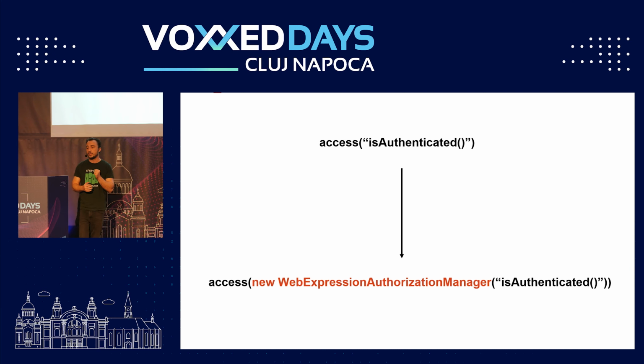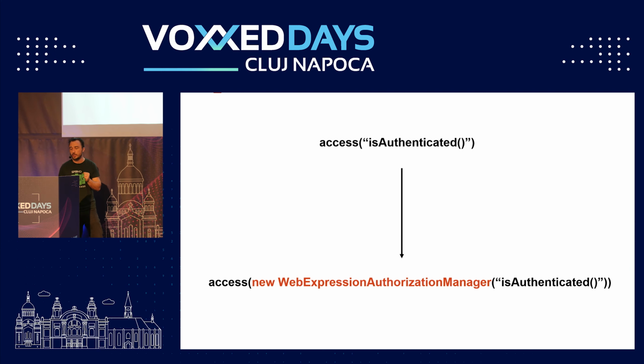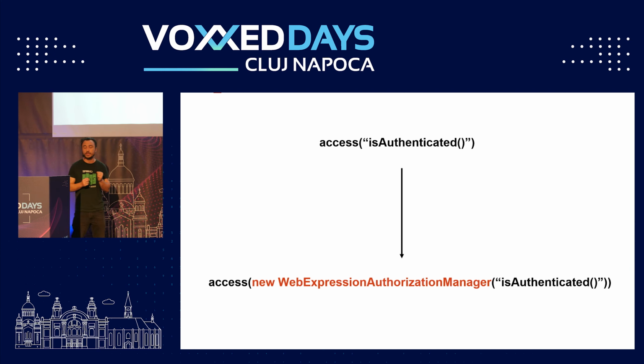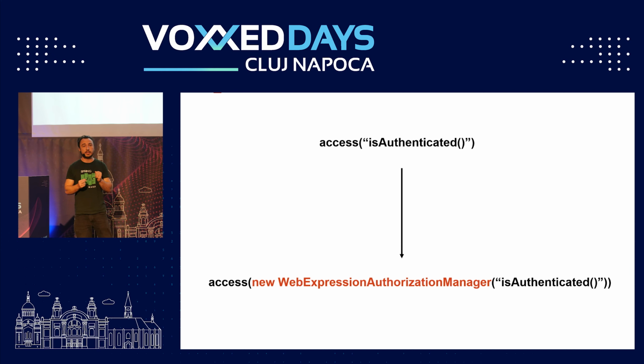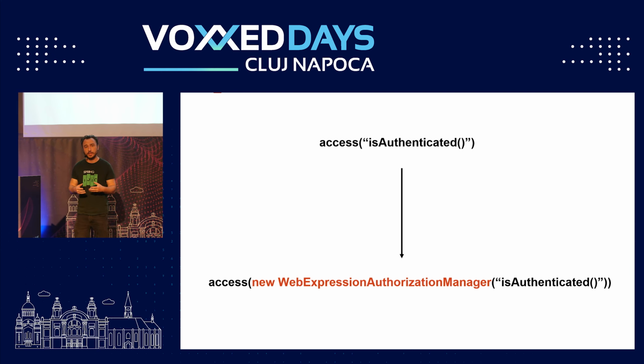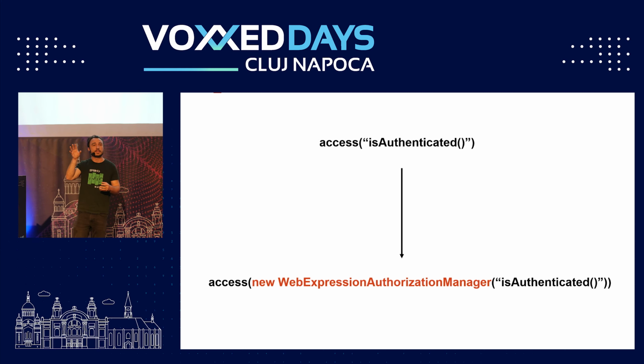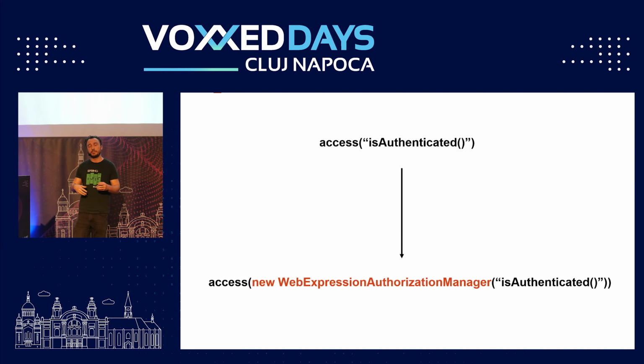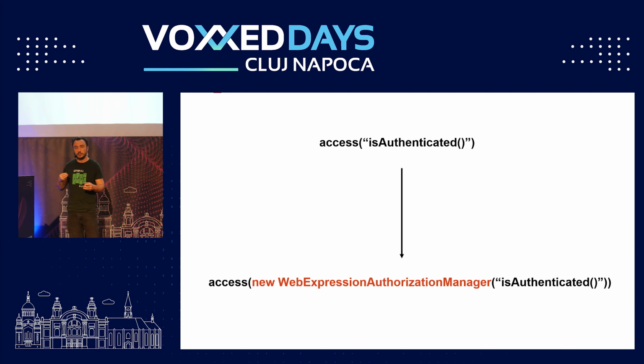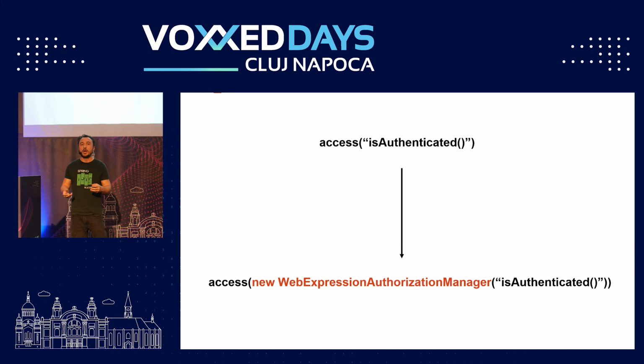What the access method uses now is an implementation of a contract named authorization manager. And instead of forcing using a SpEL, you can use any implementation of this contract and put it as an instance there in the access method. So you can literally implement the rules in plain Java. You don't have to use SpEL for that.